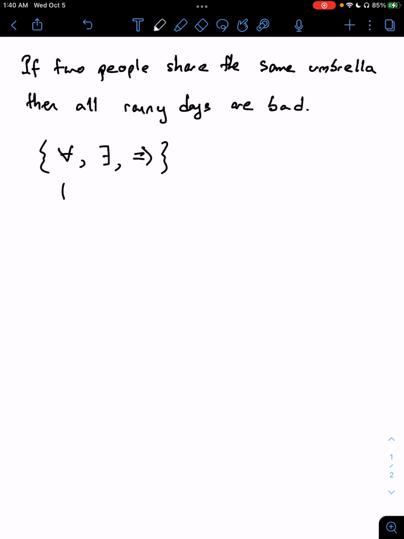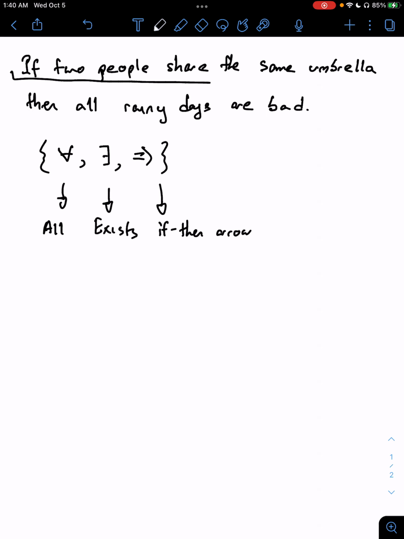So this means all, this means exists, and this is the if-then arrow, right? And in tutoring, I learned that this thing is the hypothesis, and this thing is the conclusion.